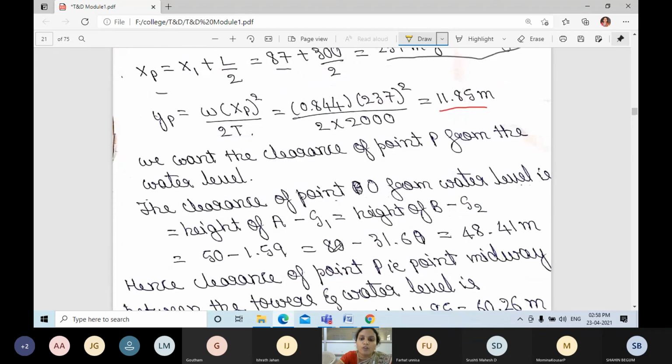Clearance of point O from water level is height of A minus S1, or in another way, height of B minus S2. Same value you will get, 48.41 meter.